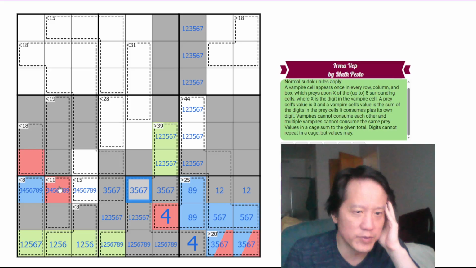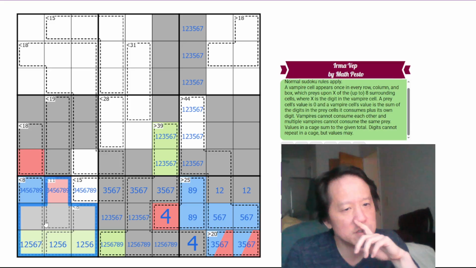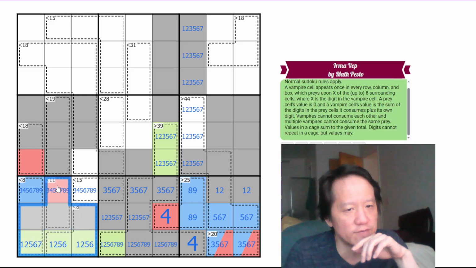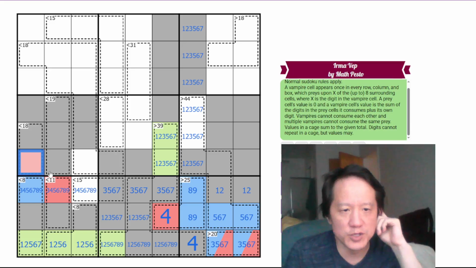The problem is this is 36 at least, right? So you can remove 9, that would make this 27 in value for these cells. And that's already too big for 24. So this is not valid to be the case.